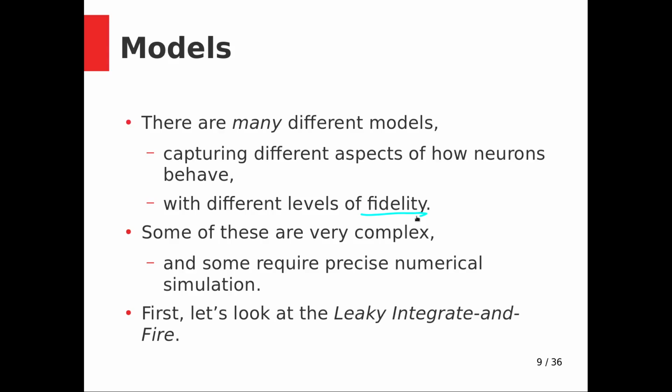We're not going to worry about most of those. Again, we're not neuroscientists, we're AI guys. So we are going to look at a very simple model that has the convenient property that it can be simulated very efficiently and written very easily. And that is the Leaky Integrate-and-Fire neuron.